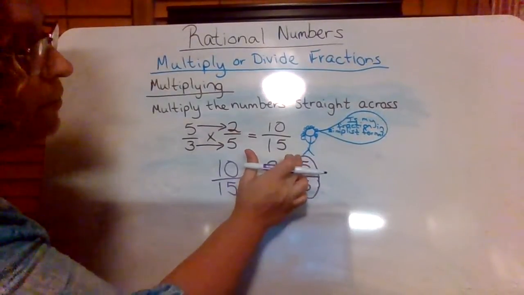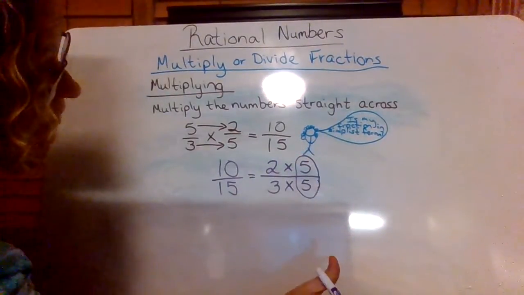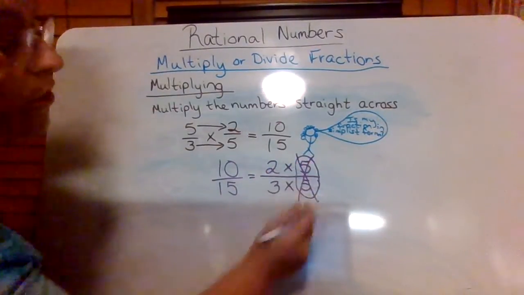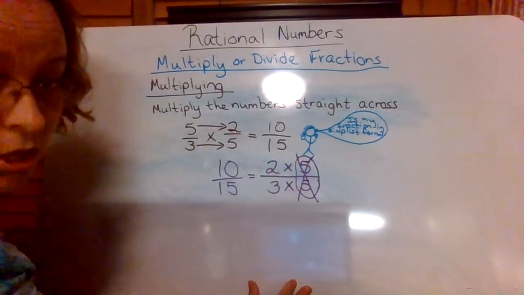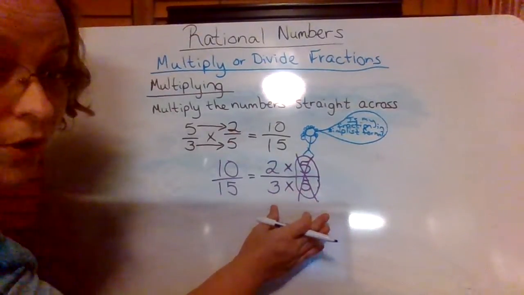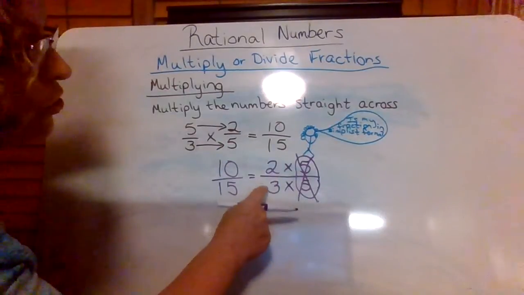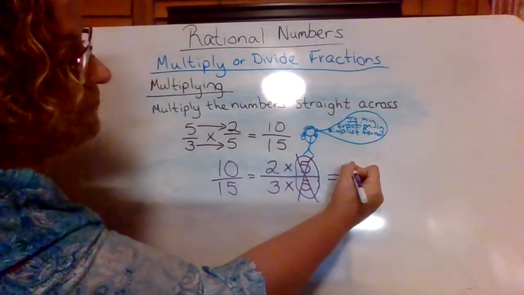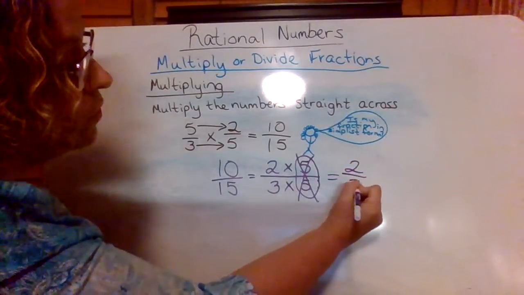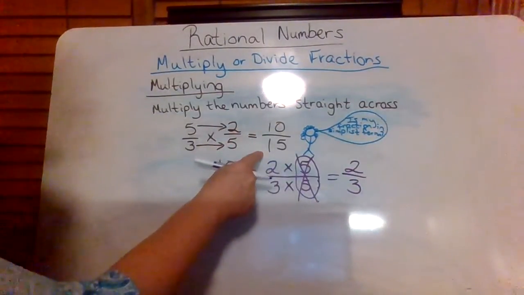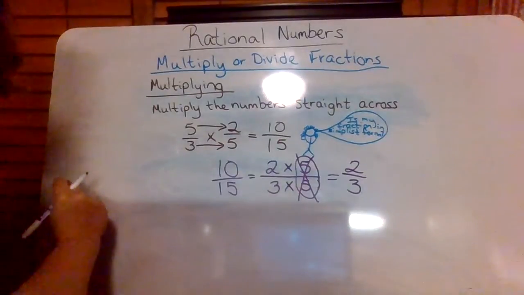If you see a number that's the same in the numerator and the denominator, those cancel each other out. So if those cancel each other out, then they're gone. So what's left? 2 over 3. So my final answer is 2/3. So 10 over 15 reduces to 2/3.